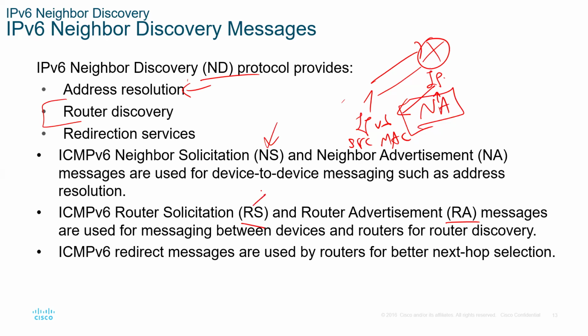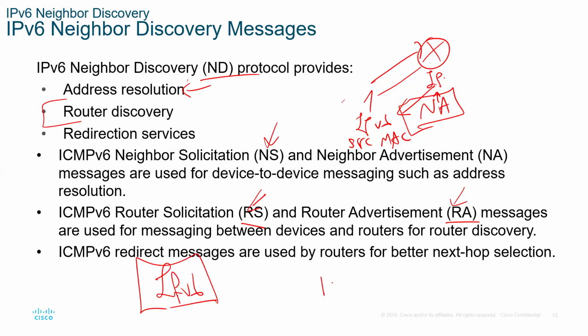If a router receives the router solicitation, it responds with a router advertisement. The router advertisement contains all the details about the router, the router ID, and the prefixes the routers are using. It is also the same way devices get IPv6 addresses.